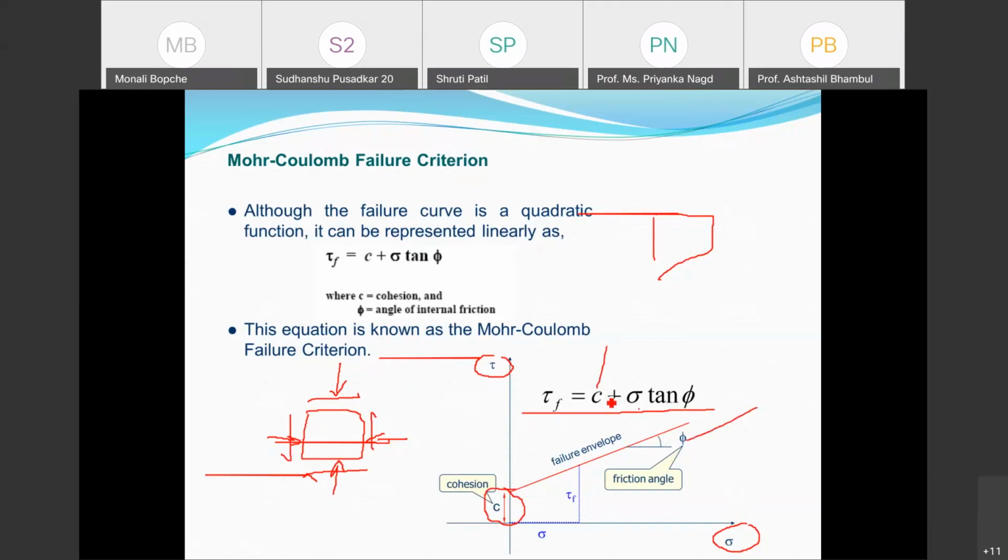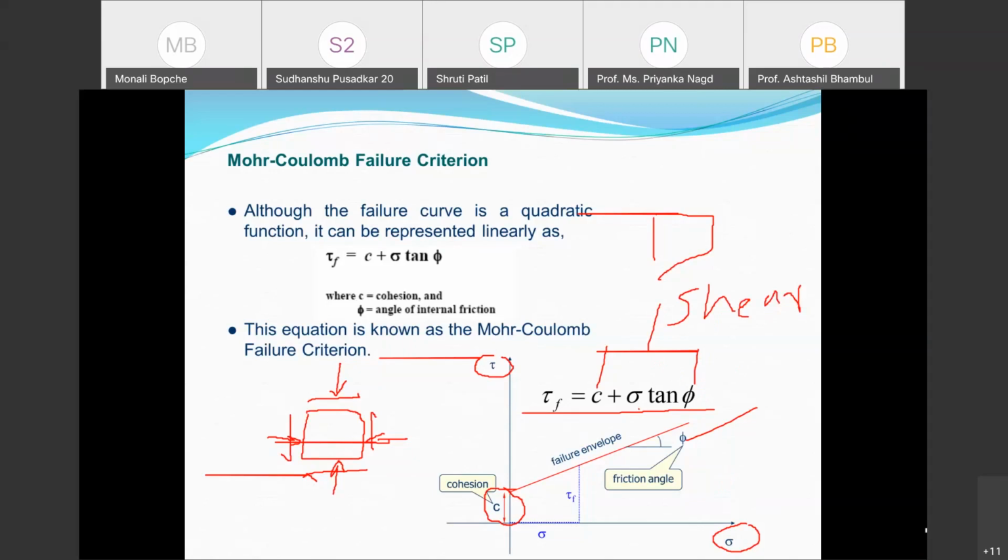So C is represented as cohesion and phi as the angle of friction. These are the soil properties which relate to the shear strength of soils. I should be able to find out the C and phi values by any of the methods, and if I know C and phi, I can get the shear strength and the stability of any structure.